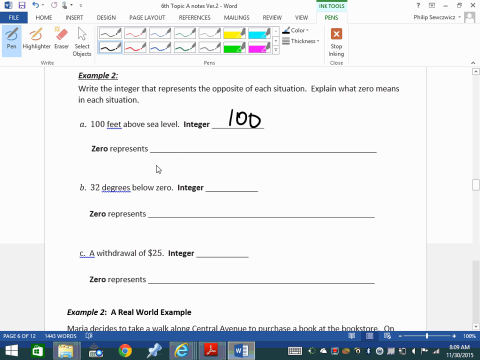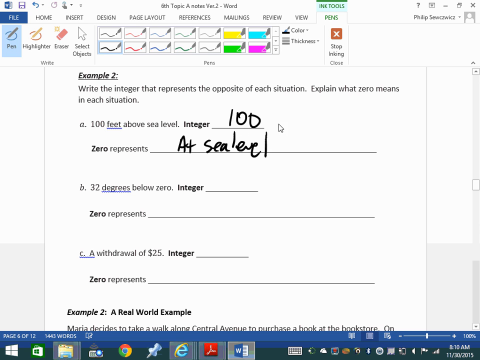0 represents, in this particular case, 0 feet. We're talking about feet here. Sometimes instead of saying 0 feet, we don't even use the number 0. 0 is being at sea level.